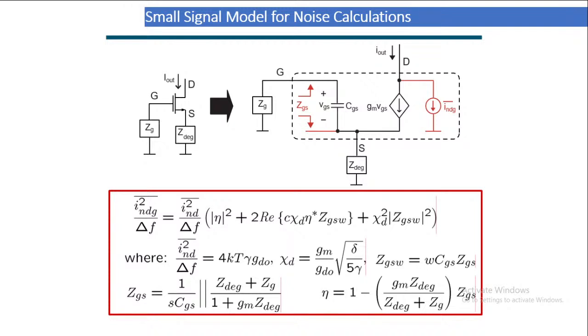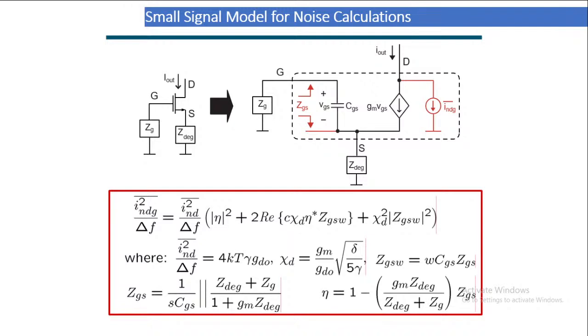Then eta is equal to 1 minus GM ZDEG by ZDEG plus ZG, into ZGS. So all the parameters and their equations are now known to us, and we can develop this small signal model.